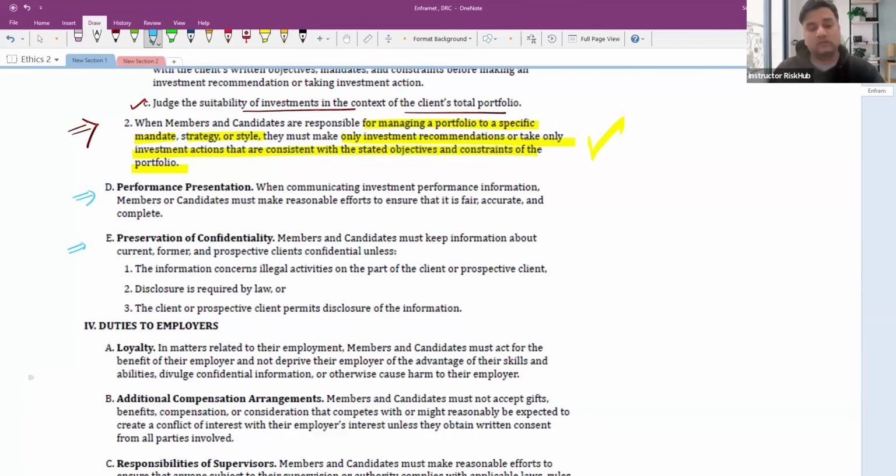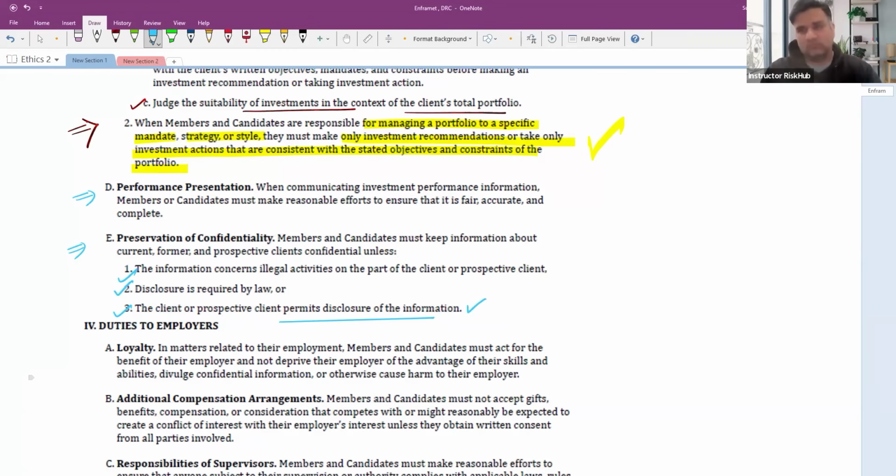That is very important. If there is illegal activity, or disclosure is required by law, or the client permits disclosure, then we should do it, right? But here also you have to be careful that some activities are very serious, and that has to be reported.